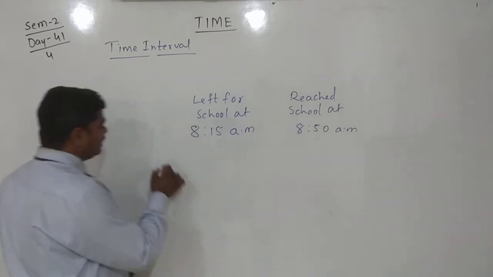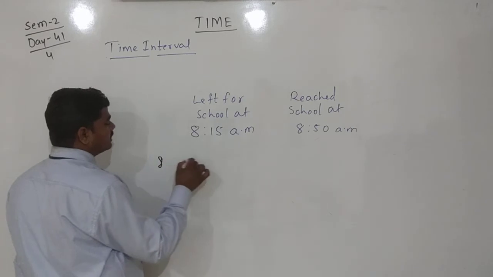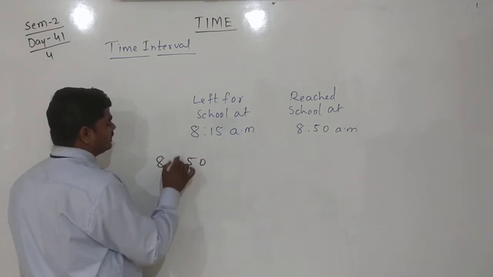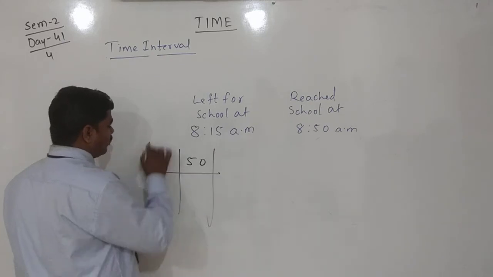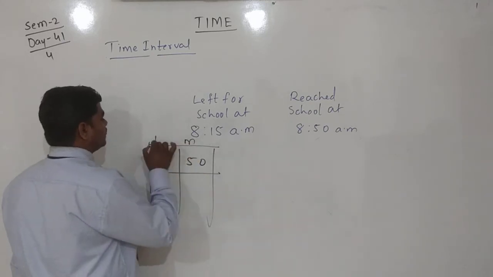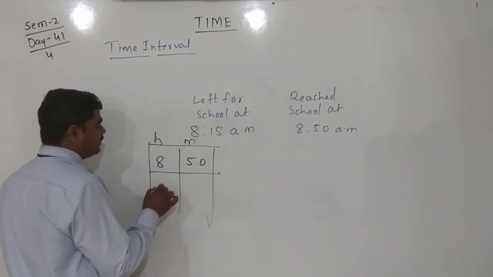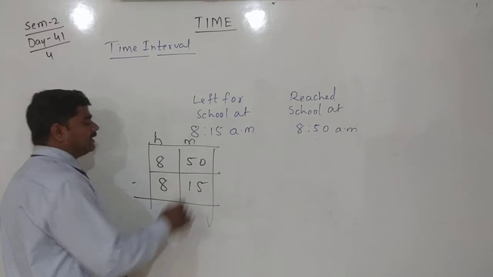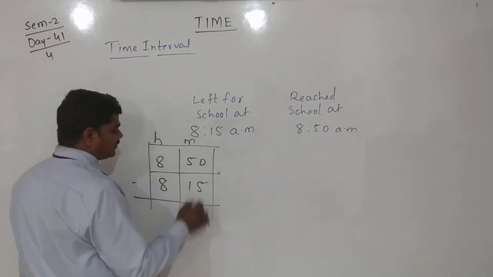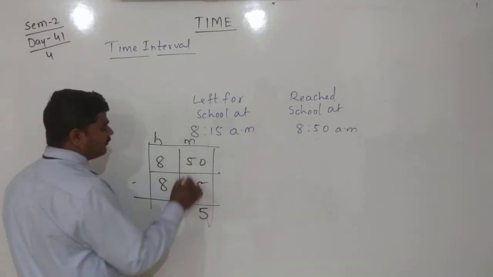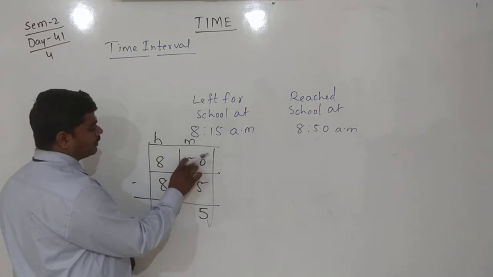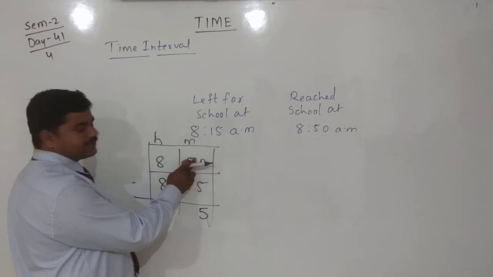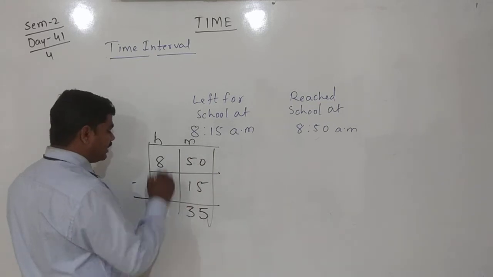That is very simple. Here, hours column, 8 hours and 50 minutes, minus 8 hours 15 minutes. 0 minus 5 we cannot, so it is 10 minus 5 is 5, then 4 minus 1 is 3, 8 minus 8 is 0.